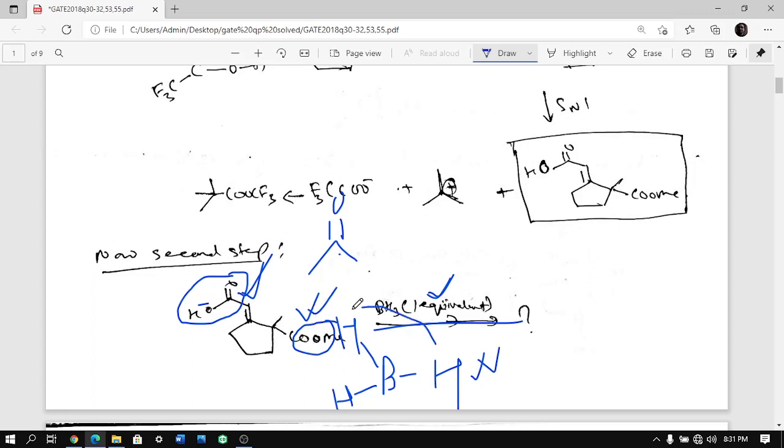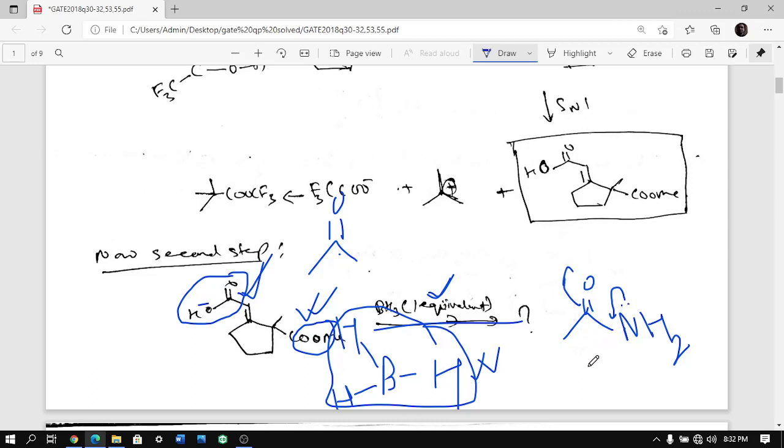They will not be able to attack the diborane; the only things which will attack and get reduced are amides and acids. Amide also has a lot of electron density. Why? Because nitrogen is there. Nitrogen is less electronegative than oxygen, and therefore it pumps electrons and increases electron density here.